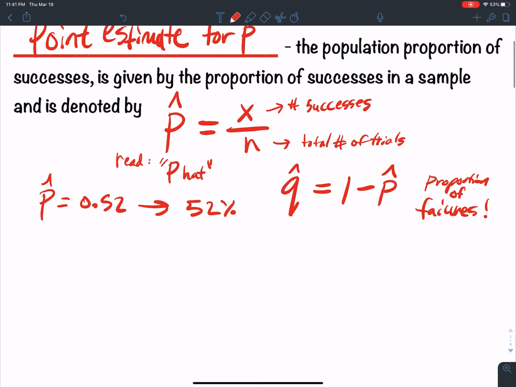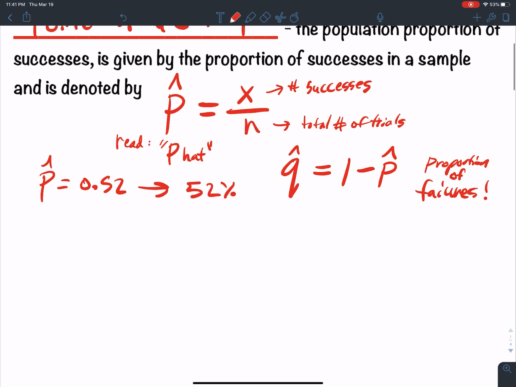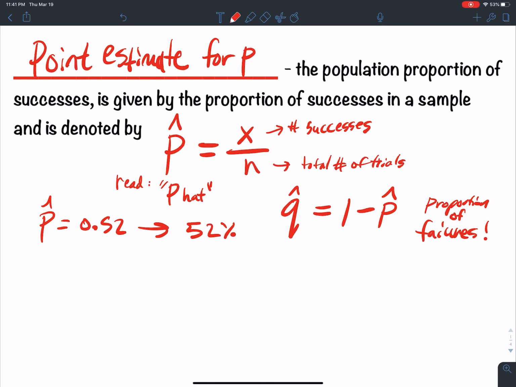Okay. So let's talk about confidence intervals.